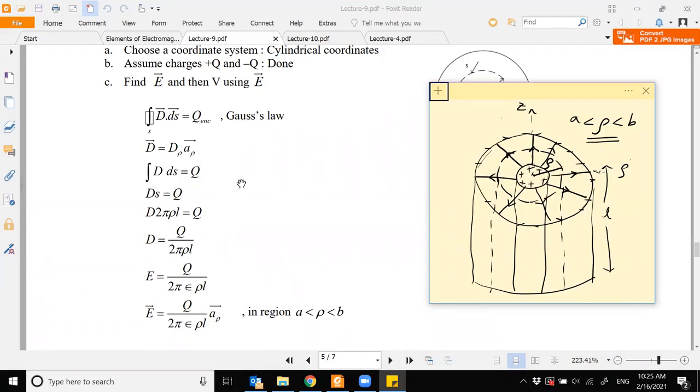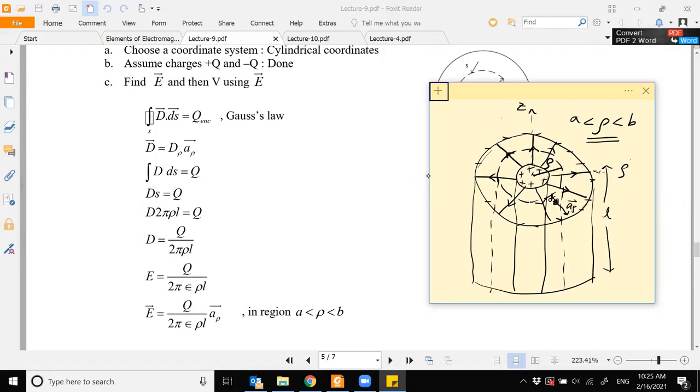Now in this case, our closed surface integral of D bar dot dS bar is the charge enclosed. So my D bar is D rho a rho. Now what will be my dS bar for this one? If this is my small elemental surface dS of my hypothetical Gauss surface, then its normal will also be in the rho direction.